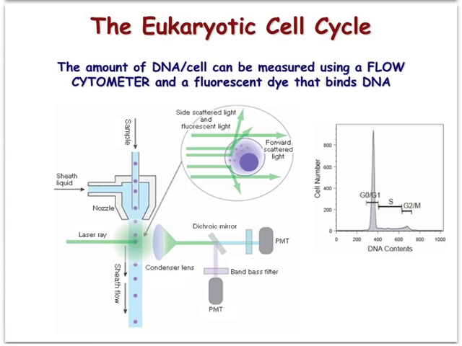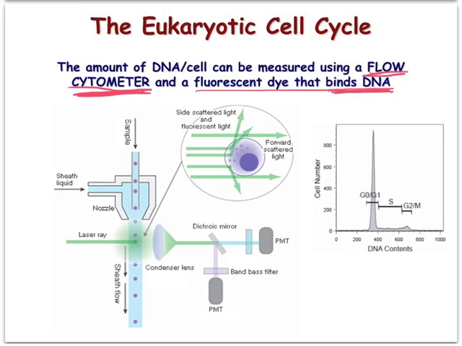The amount of DNA in every cell in a cellular population can be easily established by using a technique known as flow cytometry. In this technique, a fluorescent dye is added to the cells. The fluorescent dye binds to the DNA in a proportional linear manner, so that the more DNA you have in the cell, the more fluorescent dye will bind to the cell.